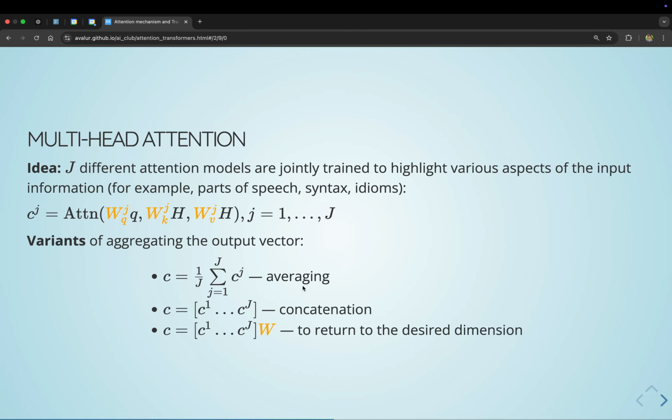We can simply average everything. This is simple averaging. Maybe the better option, and in practice we almost always perform concatenation of the results.